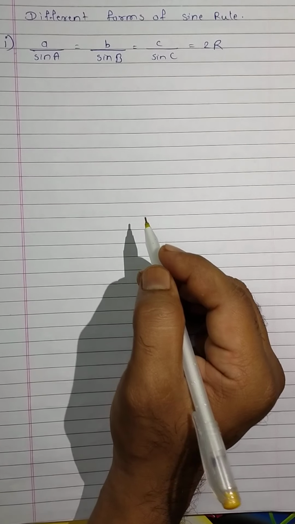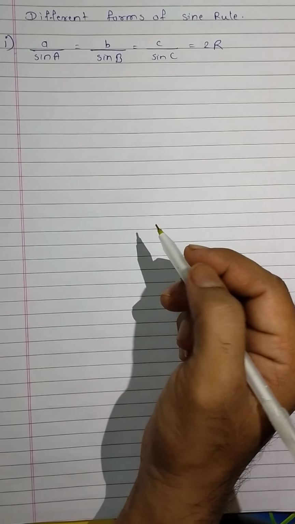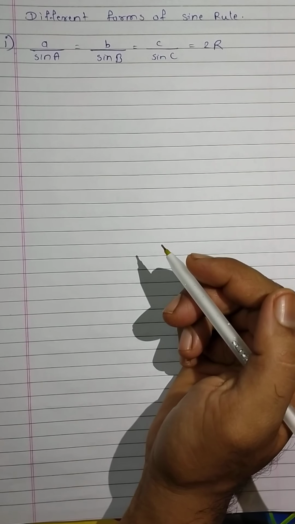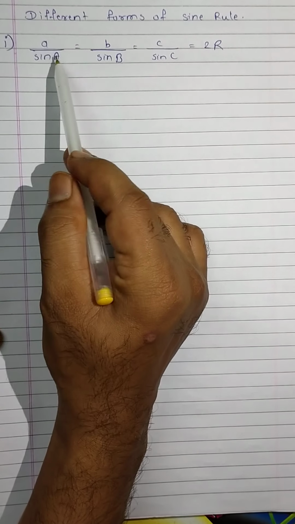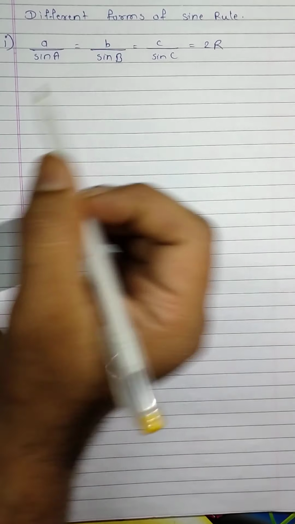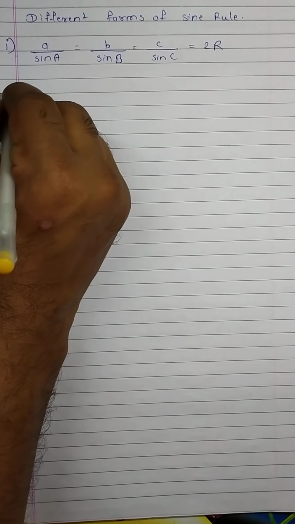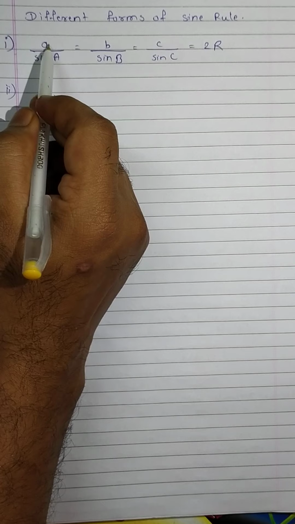We will see the different forms of sine rule which we will use while solving problems. First is the usual standard form which we have proved: a upon sine A is equal to b upon sine B is equal to c upon sine C is equal to 2r. Second form is taking a ratio separately with 2r, that is a upon sine A is equal to 2r.